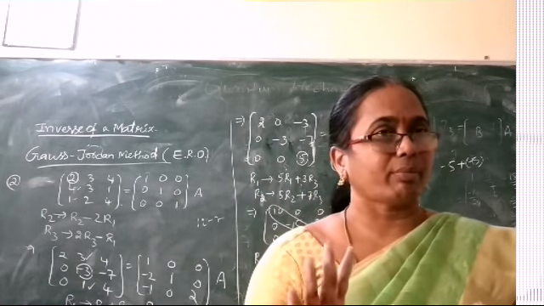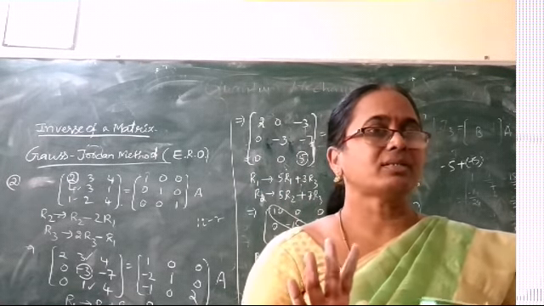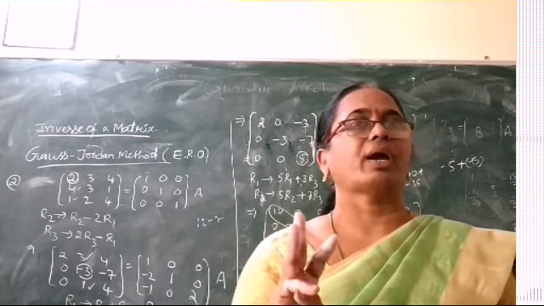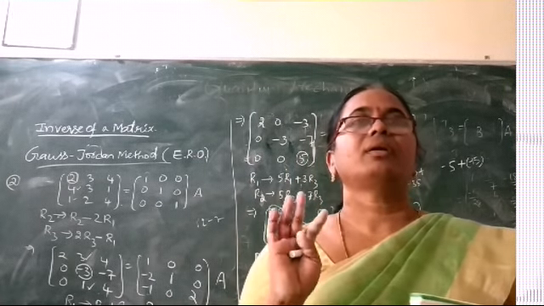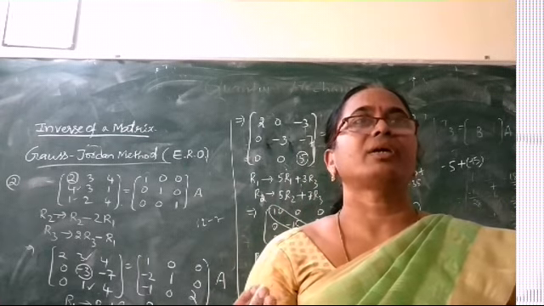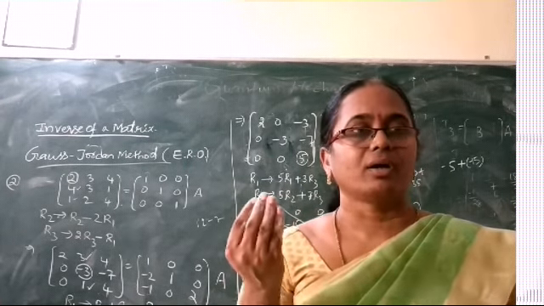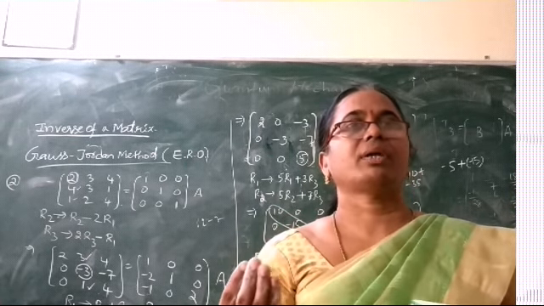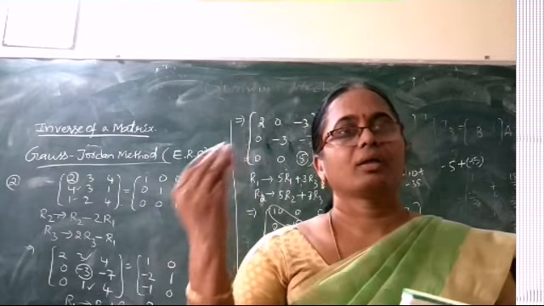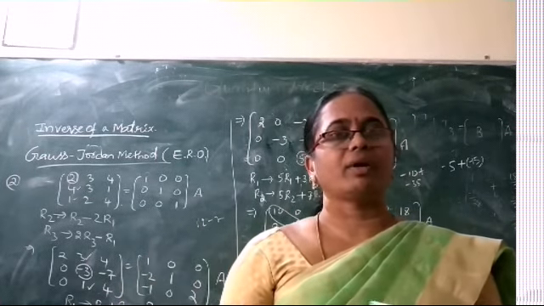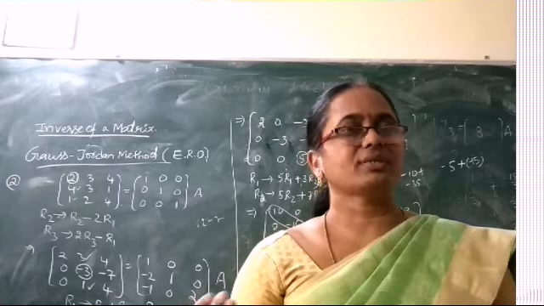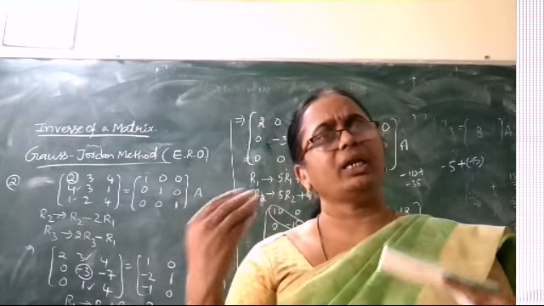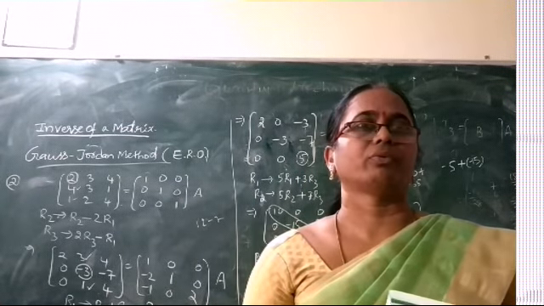So what you should remember here from the class, you must be able to define how the inverse of a matrix is defined. Then what is the inverse of a matrix, what is the method, the Gauss-Jordan method for finding the inverse of a given matrix. I hope you all understood the process and you can apply it to any number of matrices you have.